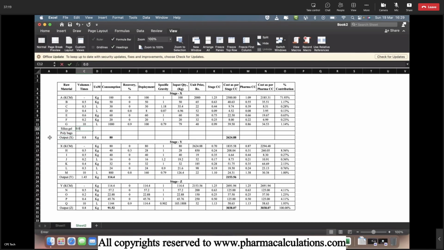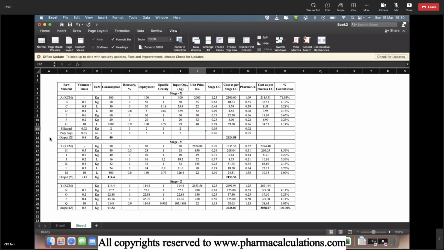Let's say this is going to be almost 0.02 times the KSM, and the polybags I'm going to take in number. This is, let's say, 0.05. So automatically it is calculated. There is no recovery for this, so I'll put it as the same thing. So these are going to be 1.